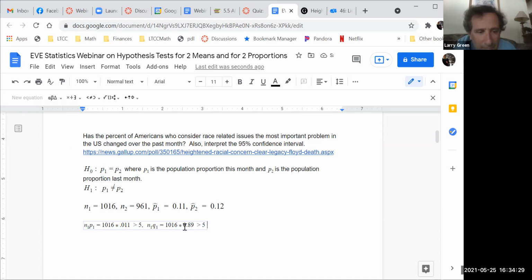And then similarly, we have to do the same for the other sample. You have to have NP and NQ bigger than 5 for both samples. So I'm going to copy and paste and just change what I need to change. So now it's not N sub 1 anymore, it's N sub 2. It's not P sub 1, it's P sub 2. It's not 1016, it's 961. It's not 0.11, it's 0.12.